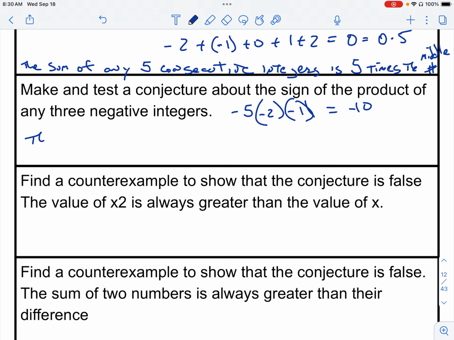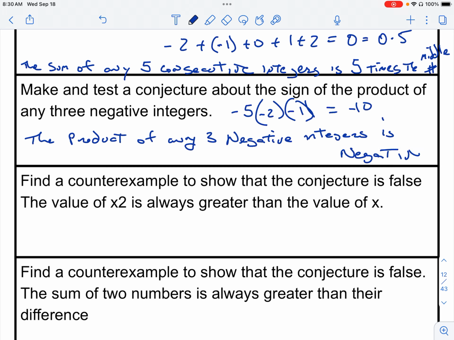So our conjecture is the product of any three negative integers is negative. So this is what we're attempting to do.